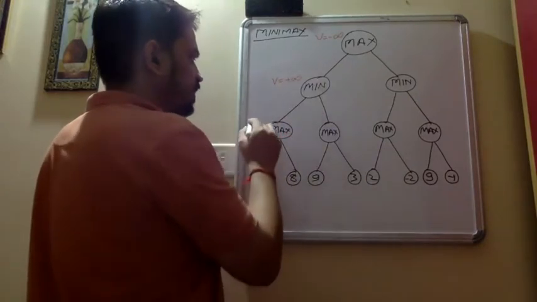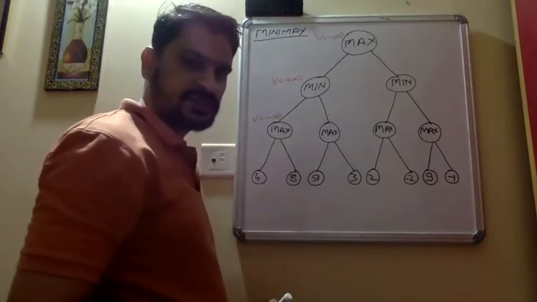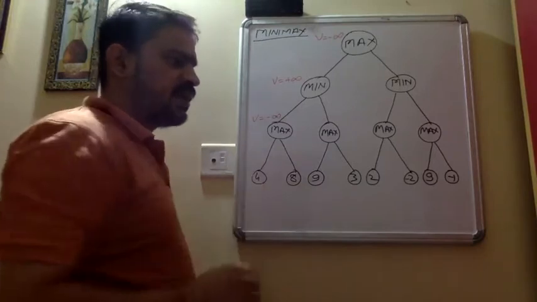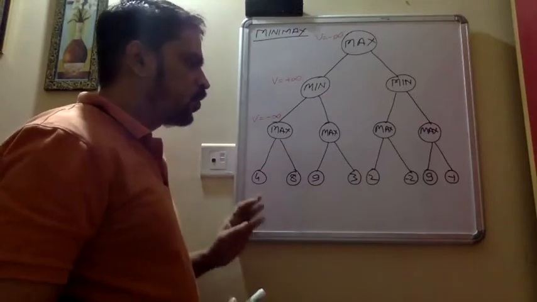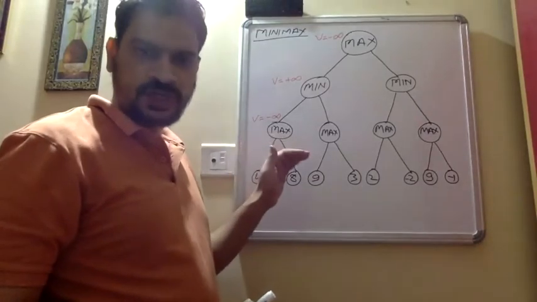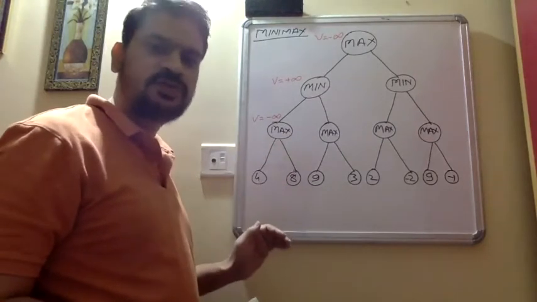Again, for a maximizer, it will be initialized with minus infinity. Now we have to traverse this tree in in-order fashion. In-order means we go to the left node, then the root node, and then the right node. That is how we have to move.